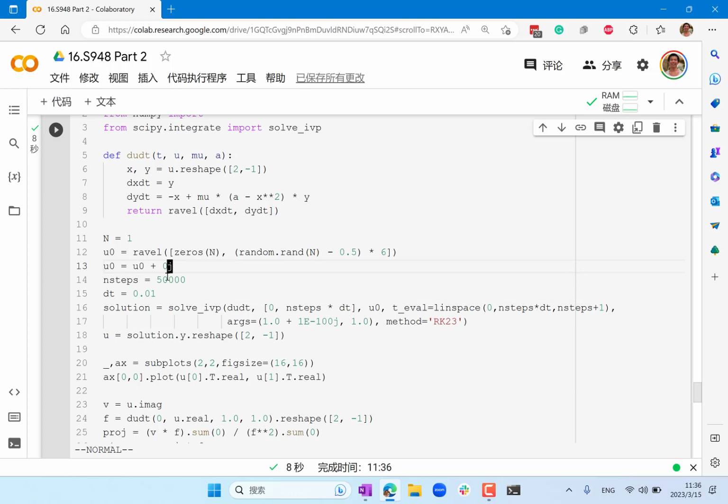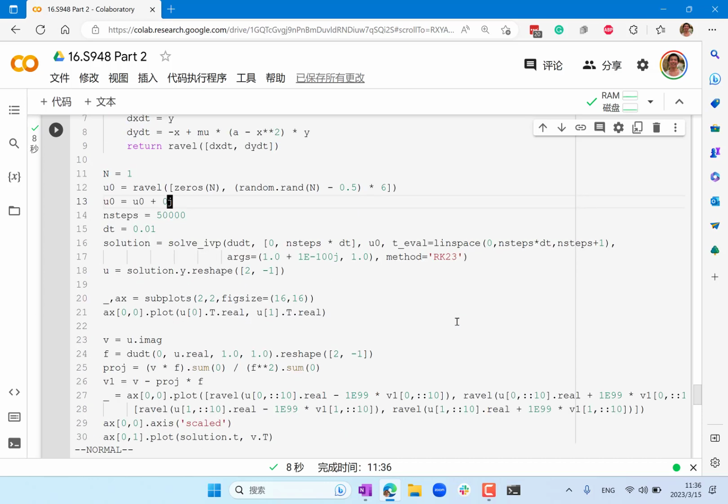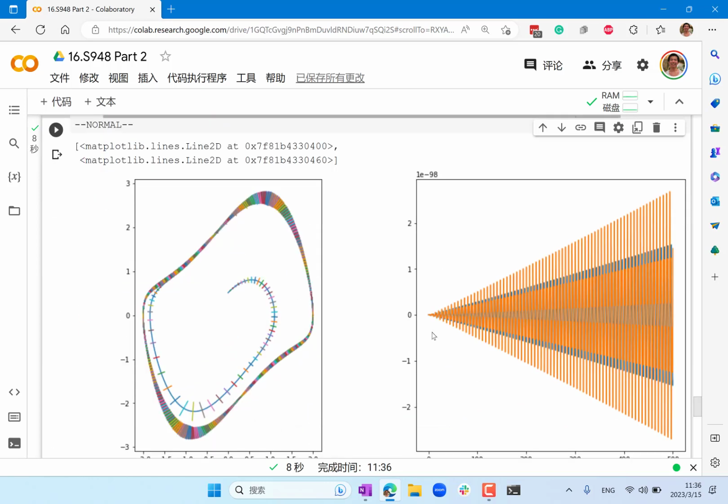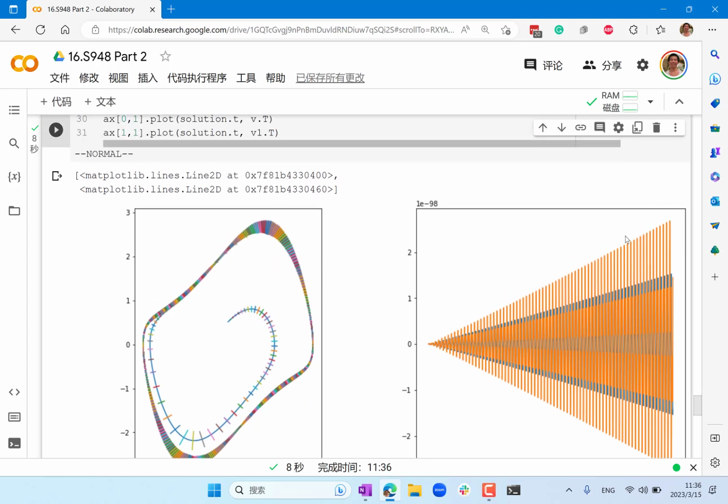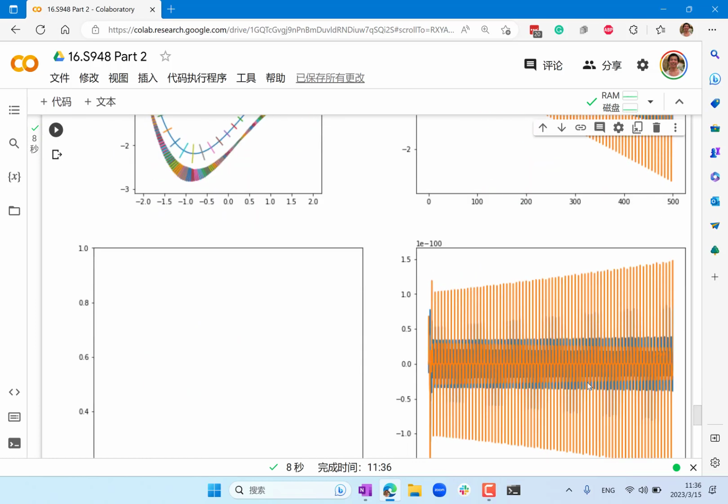I haven't figured out exactly what it is yet, but if I specify a typical time integration method, it fixes the problem. Okay, so I do see this very rapid linear growth in the non-projected solution, and this is the projected solution.